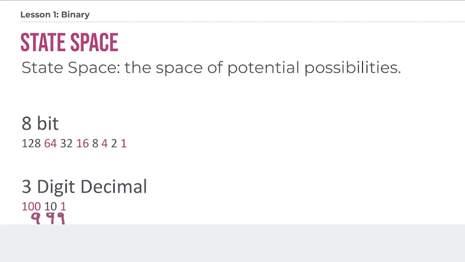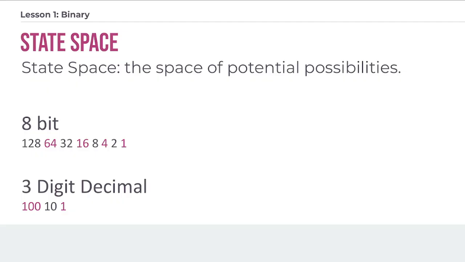And of course, if we were to add in the thousands place over here, we could even add in more. So now we can show 9,999 different values, right? So that's the state space that we have for 3 digits and for 4 digits. A little bit later on in this lesson, you'll watch this really neat video.